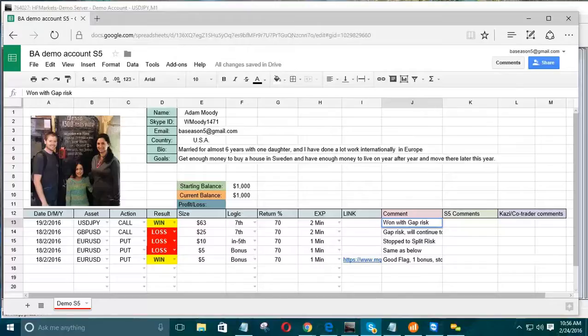So for now, I would like you guys to only record demo trading. We don't want to see any live accounts. That's to protect you, because we don't want you to lose money and then come back and say, but you said I could start trading. We want you to be confirmed by us that yes, you're ready to trade with live money, because you might think you are, but those of us who are co-traders, and then Kazi himself, can see better because we've experienced this.